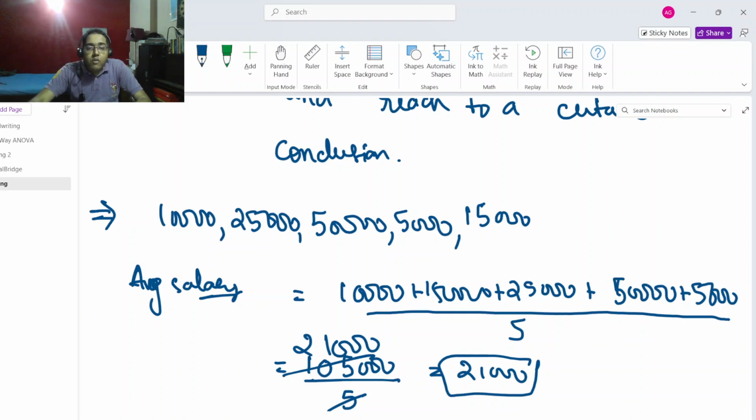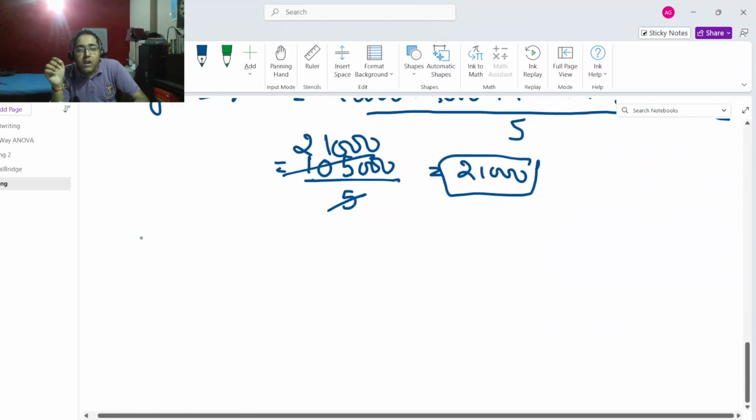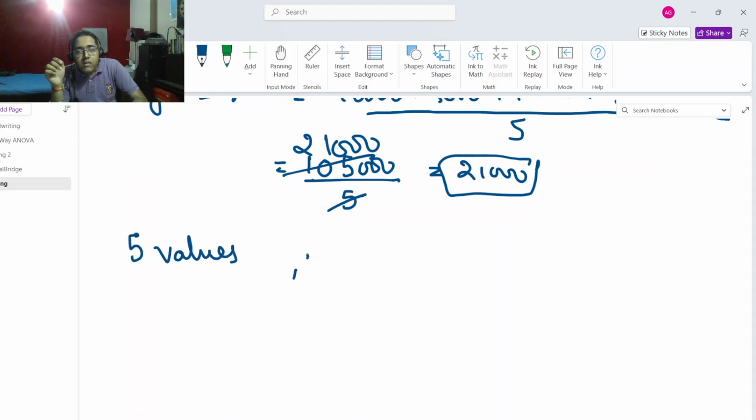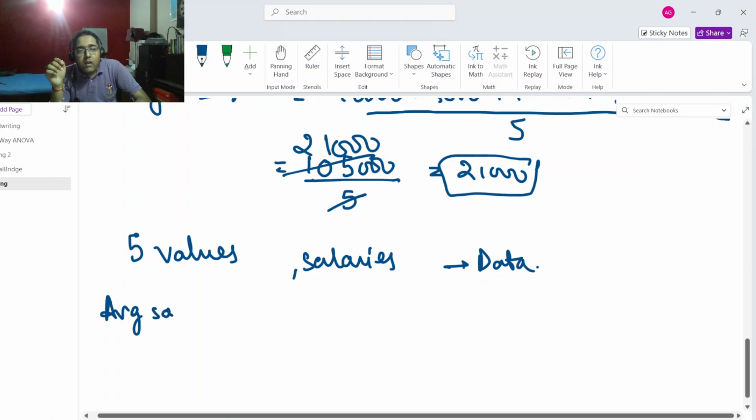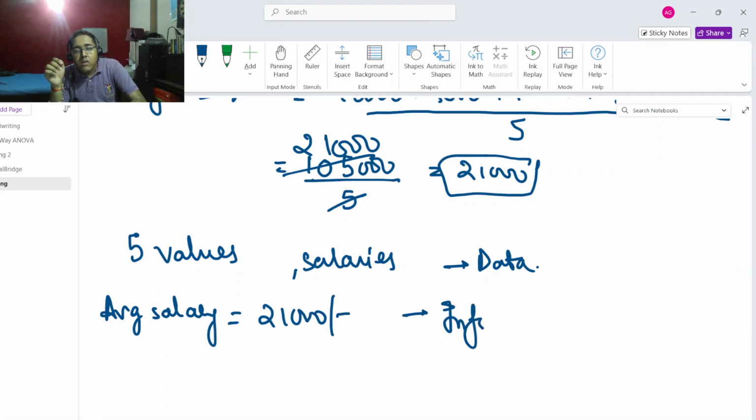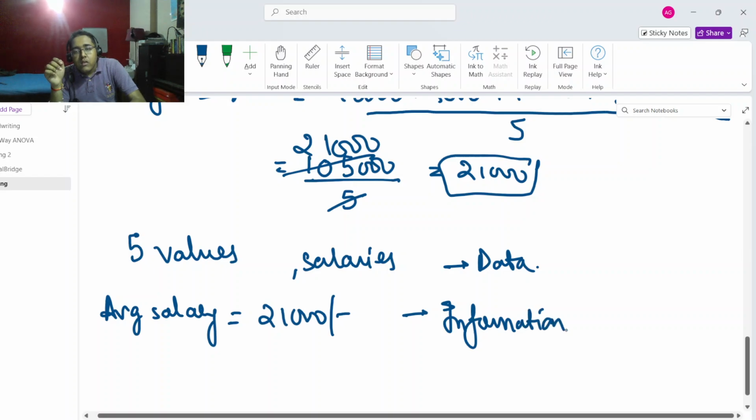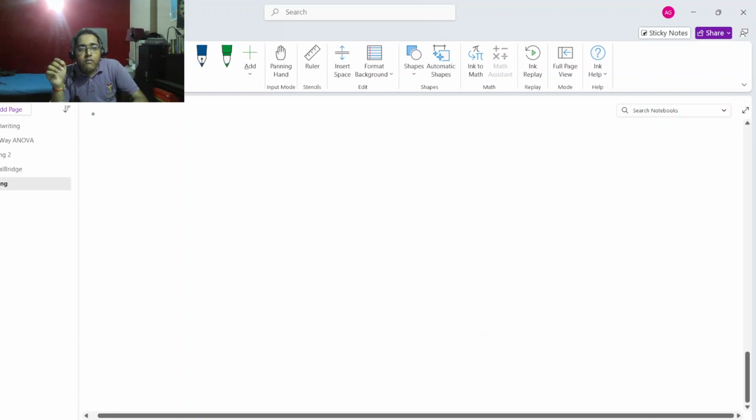This is the information that I extracted from the given data. I had simply five values, which were the salaries, and it was data. But I was able to extract that the average salary equals 21,000. This is my information. This is what elementary data science is: we found something from the numbers that we had.